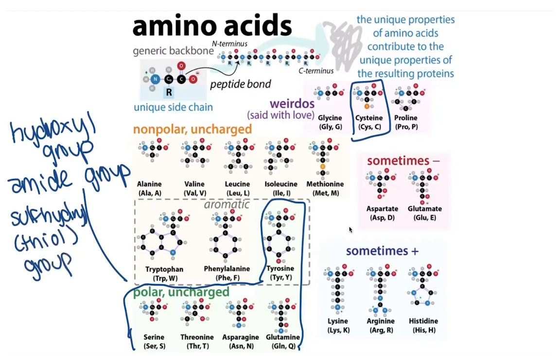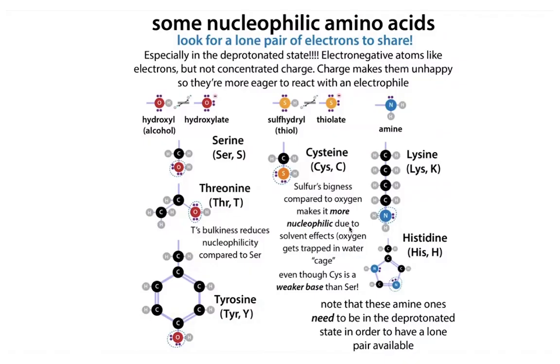What these all have in common is that they're able to form hydrogen bonds, and they can act as nucleophiles. When we talk about charged amino acids, lysine and histidine, when they're deprotonated, can act as nucleophiles as well. They have a lone pair.